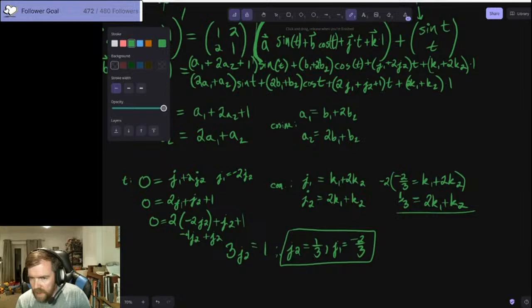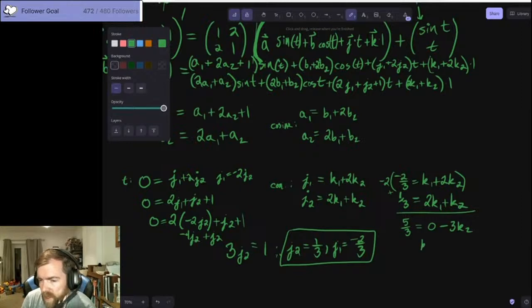We're going to get a positive 4/3 plus 1 is going to be 5/3. Plus a negative 2K1 plus 2K1 is going to be 0K1. Minus 4K2 plus 1 is going to be a minus 3K2. So it looks like K2 is going to be a negative 5/9.